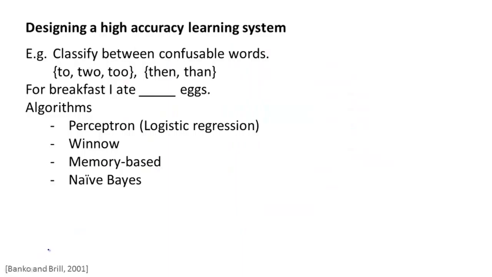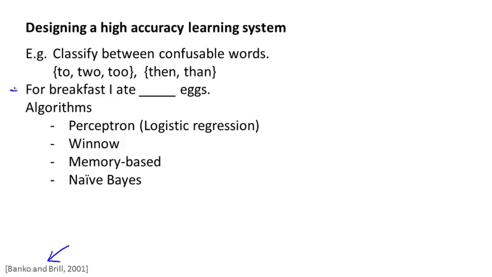Let me start with a story. Many years ago, two researchers that I know, Michele Banko and Eric Brill, ran the following fascinating study. They were interested in studying the effect of using different learning algorithms versus trying them out on different training set sizes. They were considering the problem of classifying between confusable words.